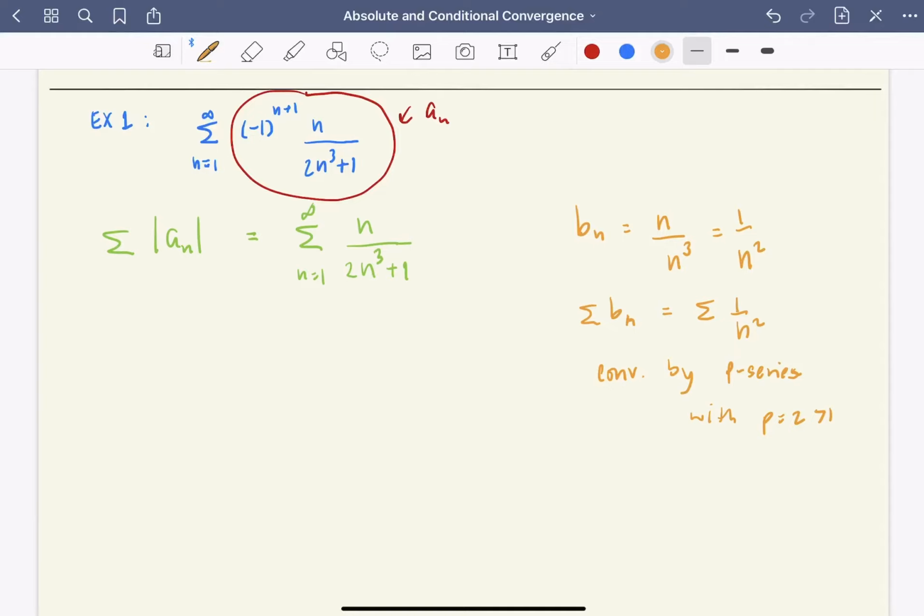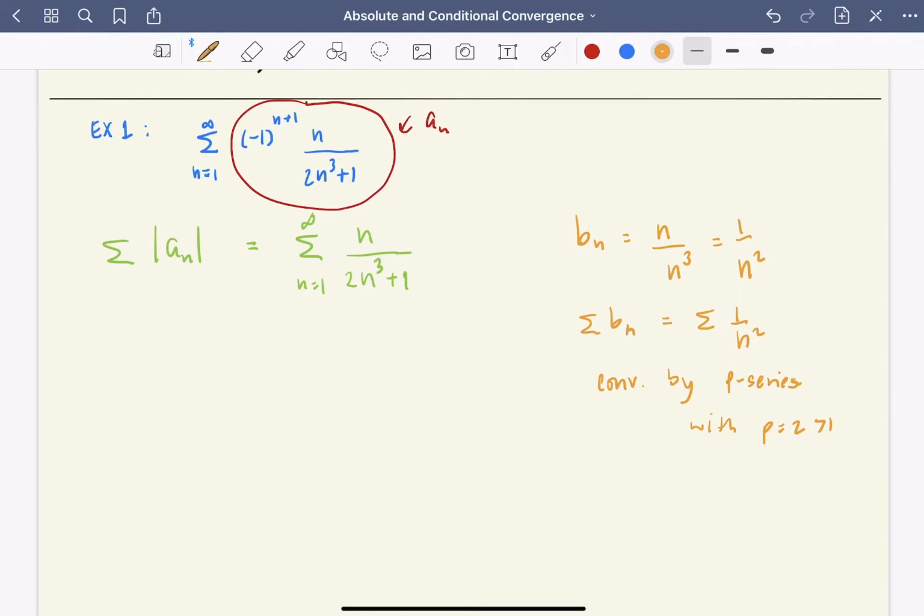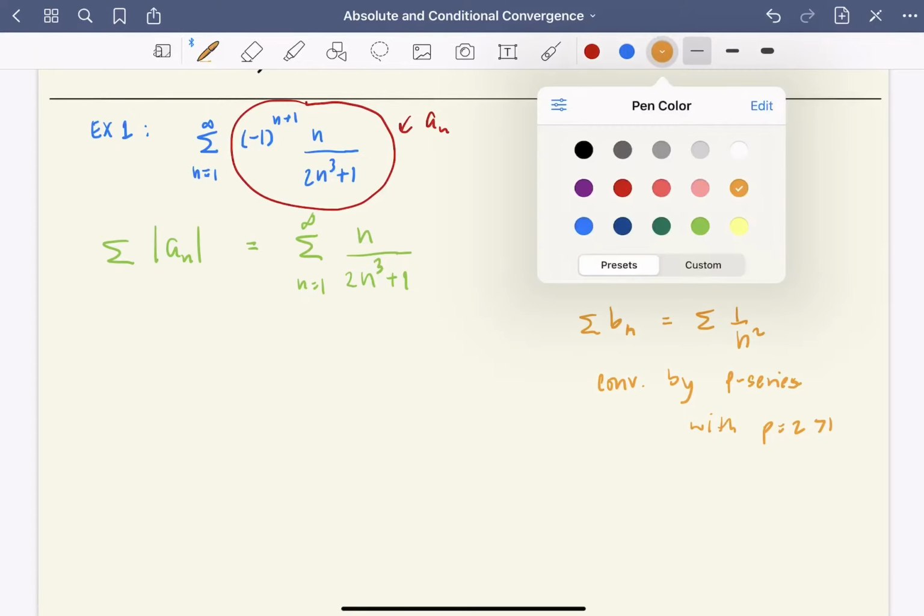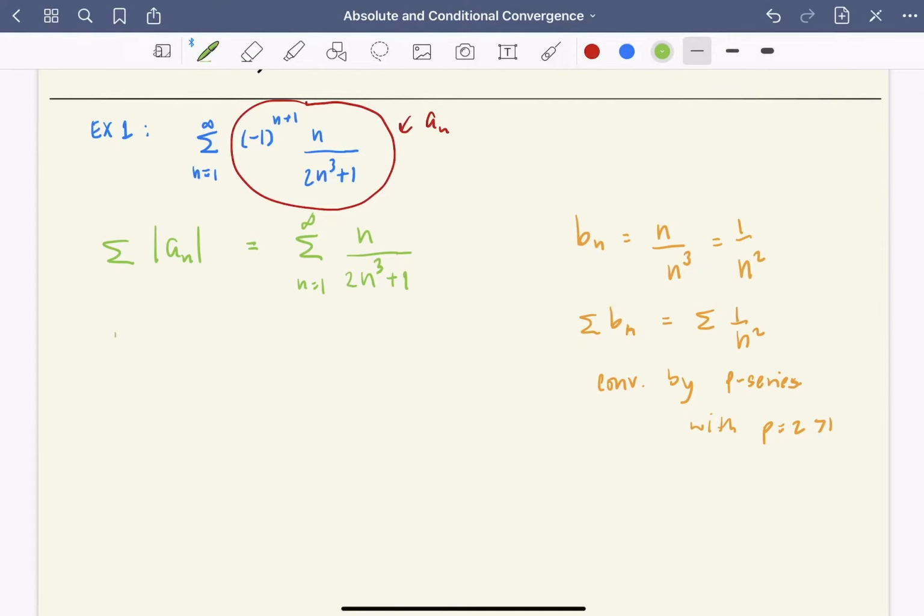That's why this series converges. Okay, so what's the limit comparison test? For the limit comparison test, we need to check the limit of this one divided by bn, and this is our bn.